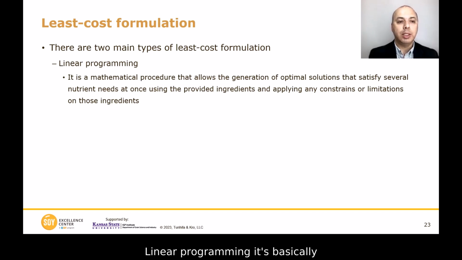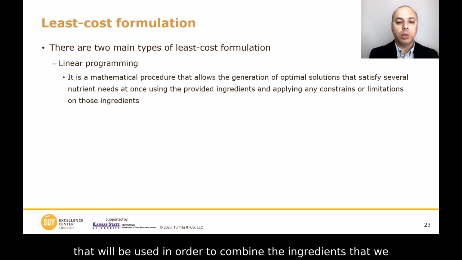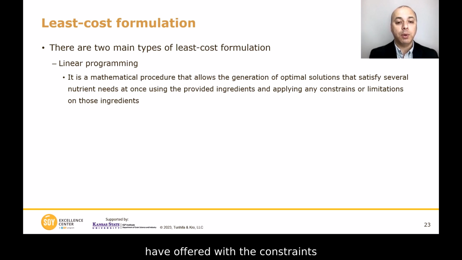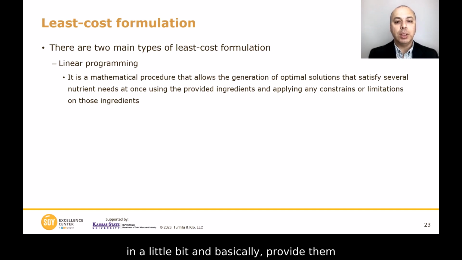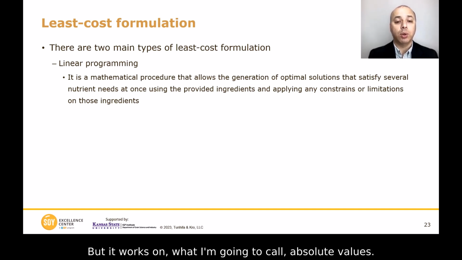Linear programming is basically a set of mathematical rules and algorithms that will be used in order to combine the ingredients that we have offered with the constraints that we have offered, and the cost of each one of those ingredients and nutrients, as we'll see in a little bit, and basically provide them in an arrangement in a certain fashion in order to fulfill the needs that we're asking for. But it works on what I'm going to call absolute values.